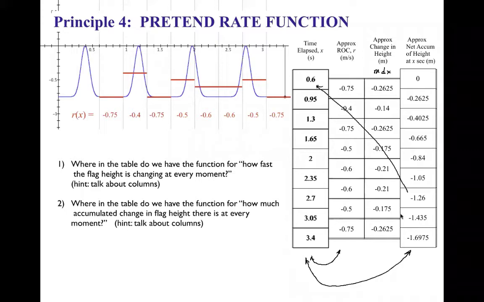So like this number right here, what is that? Negative 1.435. That's at 3.05 seconds since we started lowering the flag. We've accumulated this much change in height since 0.6 seconds, right? It's the accumulation of all these changes up till 3.05 seconds.